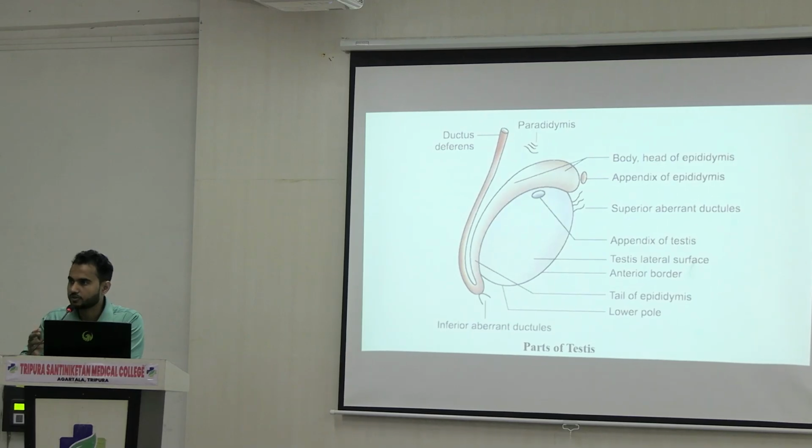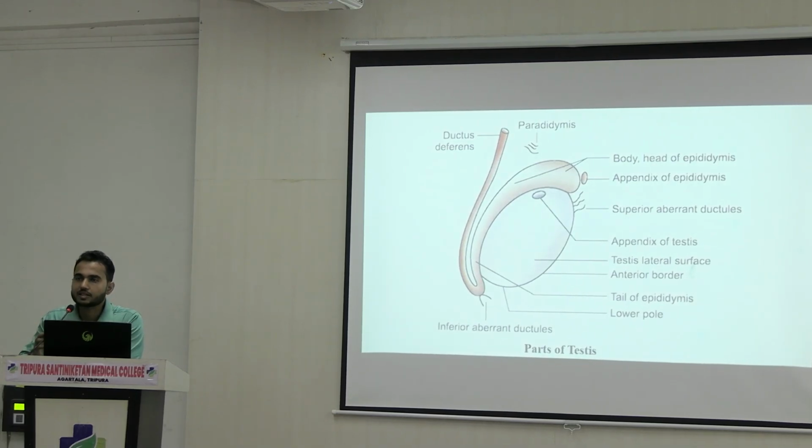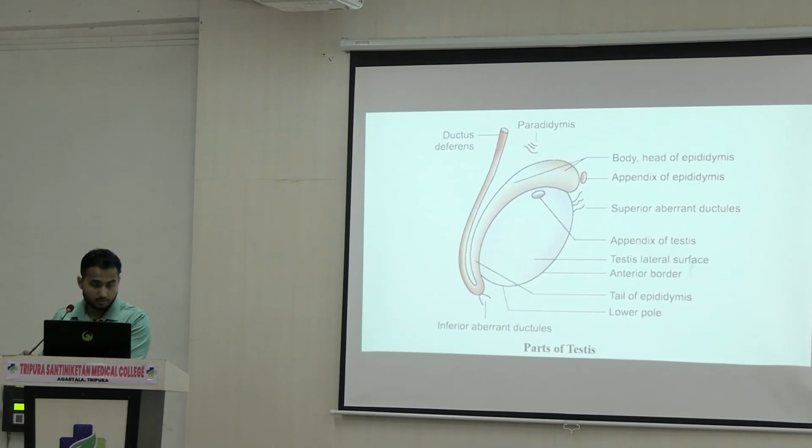Suppose it is taken out of the body, and then you have to identify the site, those questions are asked especially during the time of practical exam. Do you know how to identify which side of the testis, right side, left side? Okay. So I hope that point is left.